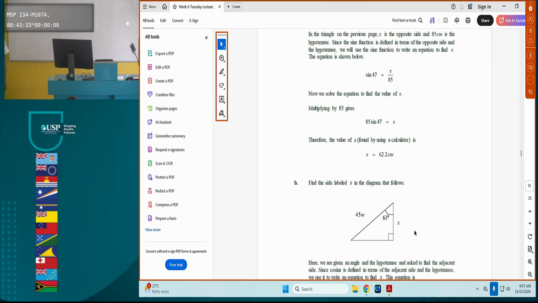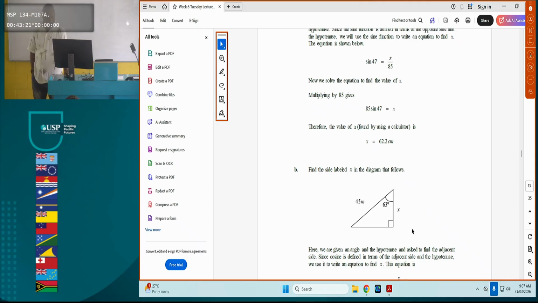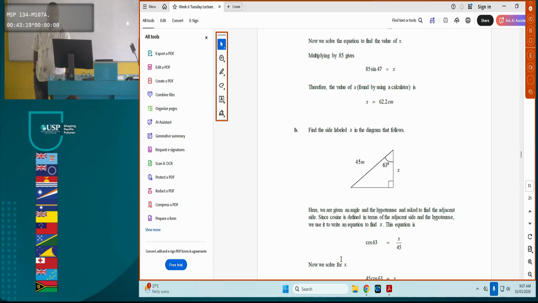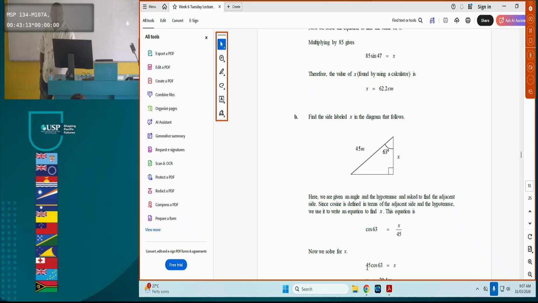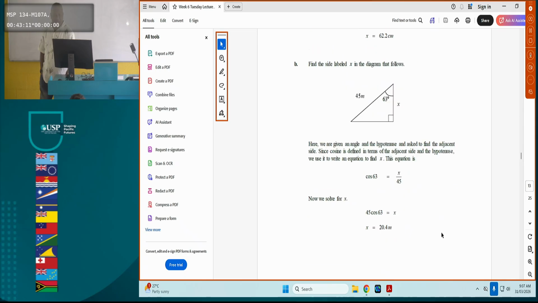So which one do we use? There's no such thing as SA. It's SOH or CAH. It's CAH, eh? So cos of the angle equals x over 45. In order for us to find x, we'll take the 45, multiply it to the other side. Right?